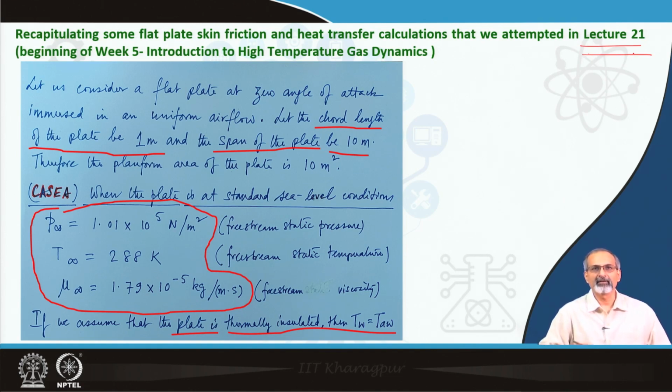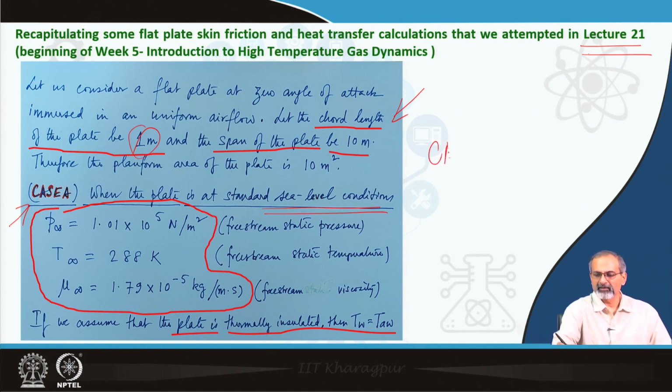You can look back at the lecture content, and you may recall that we talked about a problem where a flat plate at 0 angle of attack is immersed in a uniform airflow, and the chord length of the plate was taken as 1 meter, span was taken as 10 meters, and then there were two cases we did, case A and case B. Case A was at sea level conditions, while case B was at 15 kilometers altitude or so. Here we are going to proceed with case A only.